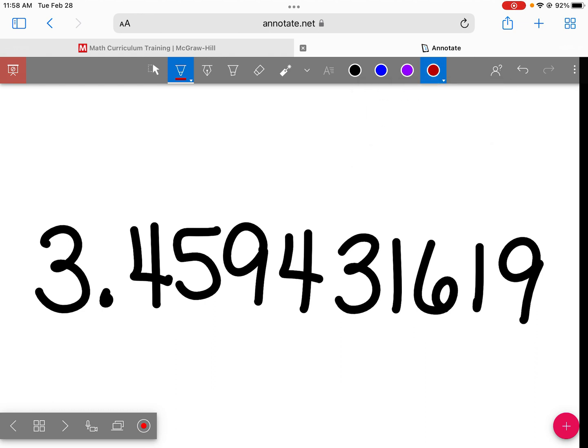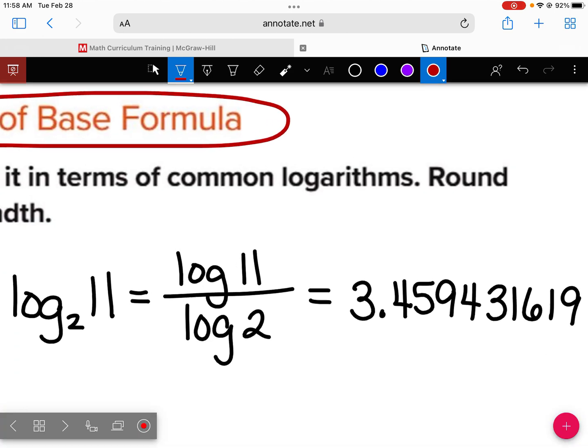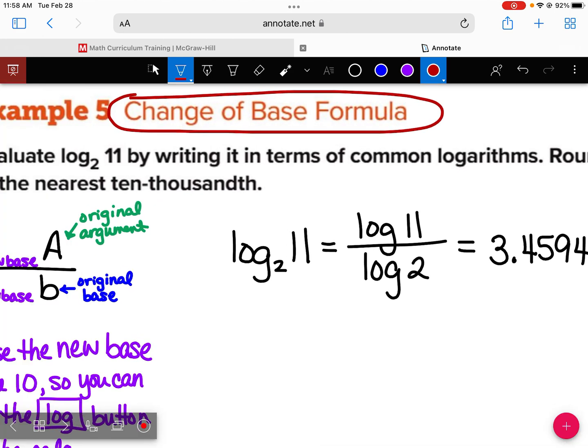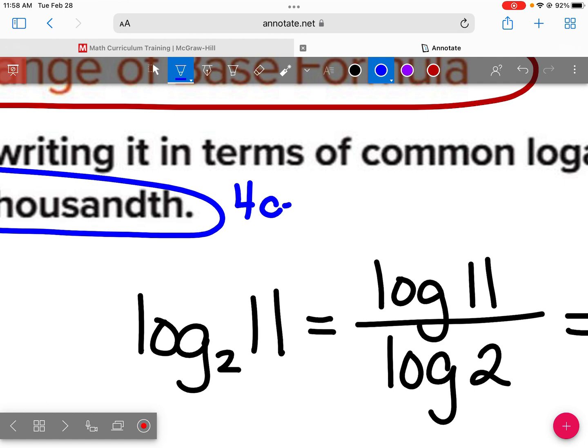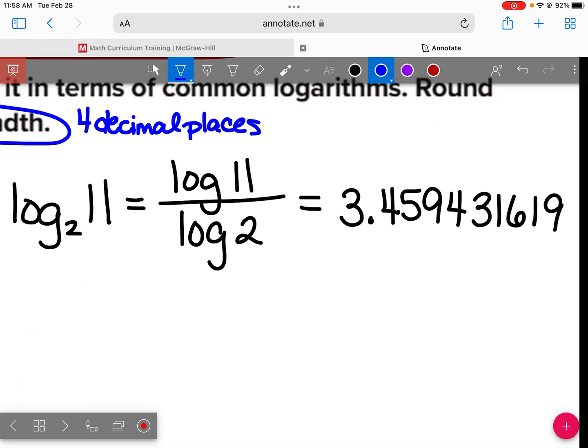Did I write that down right? Log 11 over log 2 is 3.459431619. Yes. We're supposed to round this to how many places? Nearest 10,000th, so 4 decimal places. So 1, 2, 3, 4.